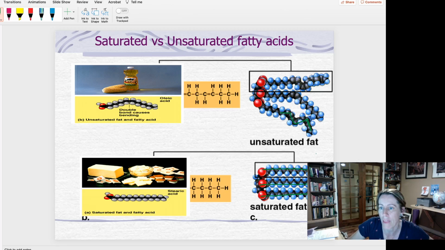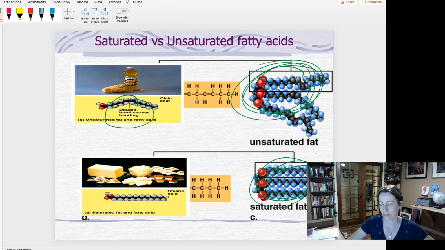There's a double bond there, kink, double bond there, kink, double bond there, kink. So now we know that the double bonds create a kink in the fatty acid tails of the molecule. That double bond causes bending. So then why is this better for you than this? Because that's what we're saying.